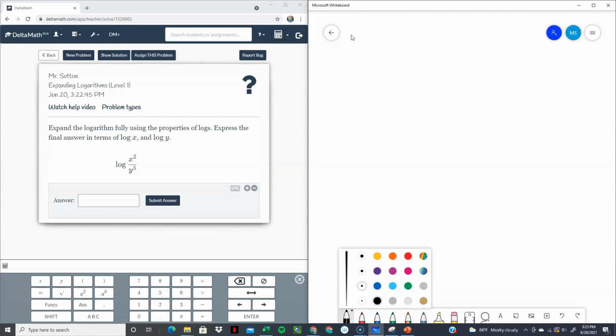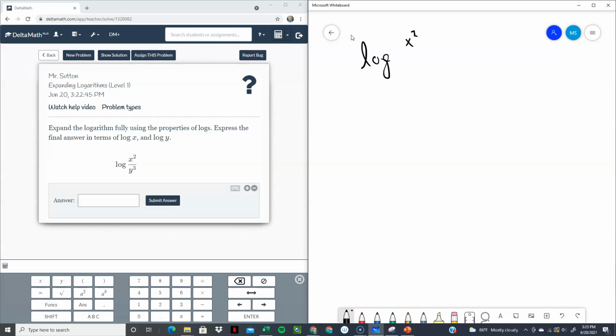So now we want to look at some expanding log problems. So here we have log x squared divided by y to the third. And we know they have a common base because it's already written as one log. So we can first separate this into a subtraction problem. And then we can also move the exponents out in front.